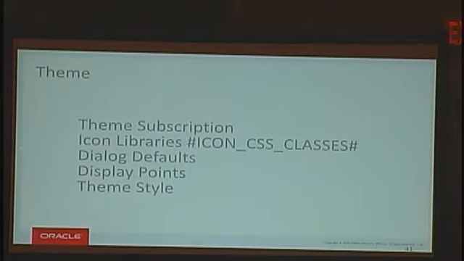And if you have a look at page templates and region templates, you can already do that for your existing applications. So if you go into your existing application, and let's assume you're not switching to Universal Theme, go into your page templates and region templates and define display positions so that Page Designer can pick them up and make your development environment a little bit more friendly.